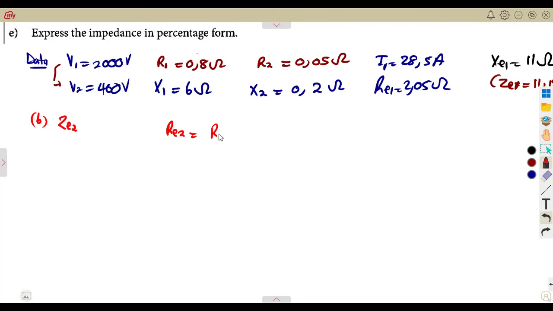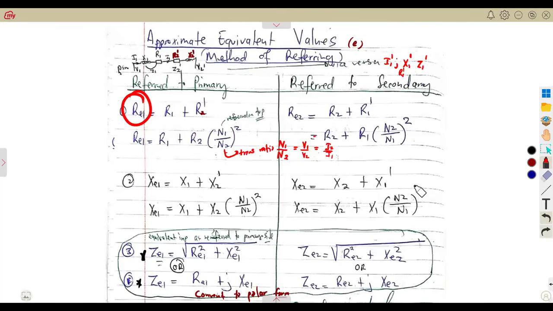That is going to be R2 plus R1 bar, which is substituted with R1 into N2 over N1 squared. Secondary side on top, please still remember this.